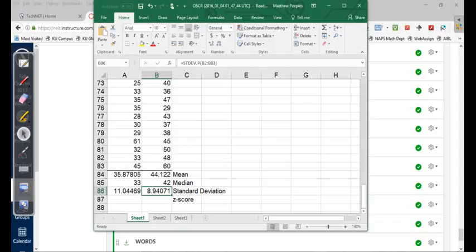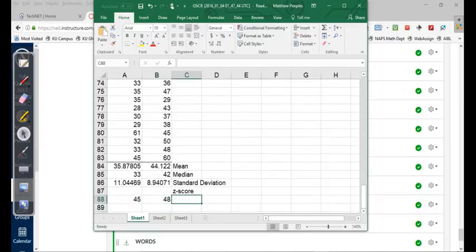Okay. Now Z-scores. Let's do our Z-scores right here. We said Jessica Lange was age 45. Sean Penn was age 48. All right, so this is our ages right here. So what we're going to do is write a formula for our Z-score. The Z-score is found by taking the difference between any X value.